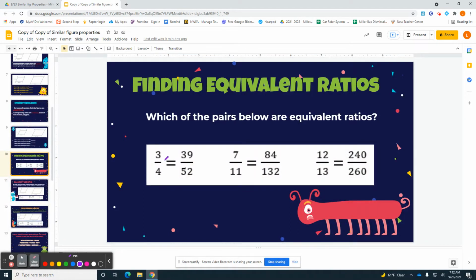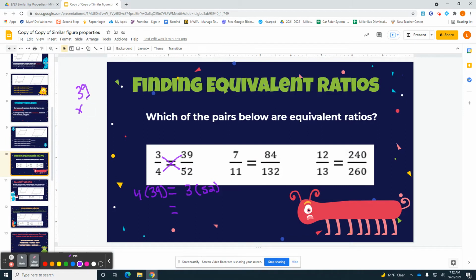Or the easiest way is just to find the cross products. If they give you the same thing, then they are equivalent ratios. So here I can do 4 times 39 and 3 times 52. If when I multiply those two sets of numbers, it gives me the same answer for each, then I know it's equivalent. So let's go ahead and try that.